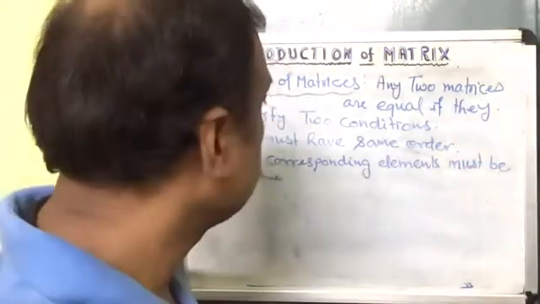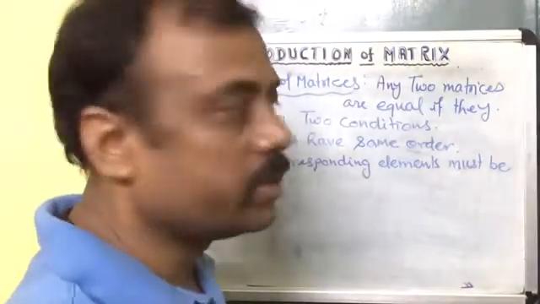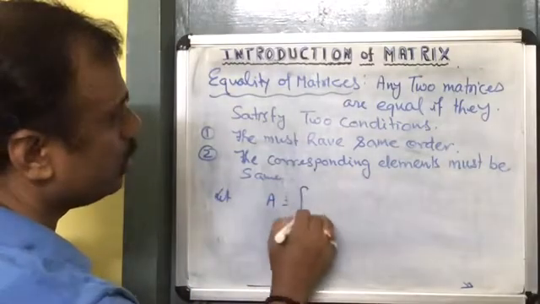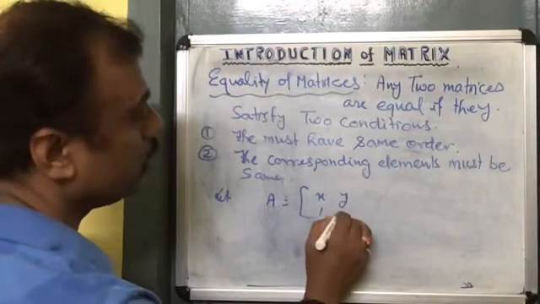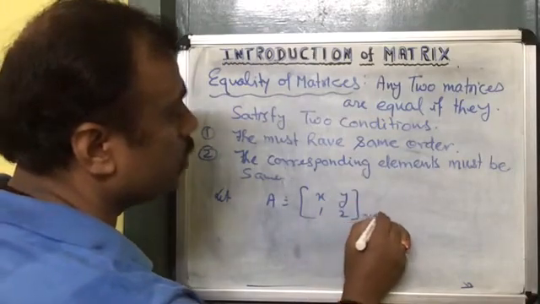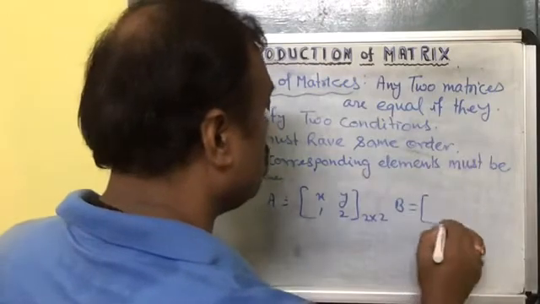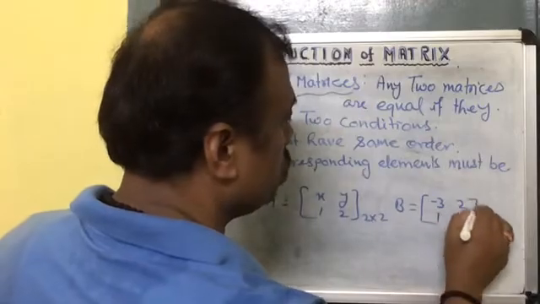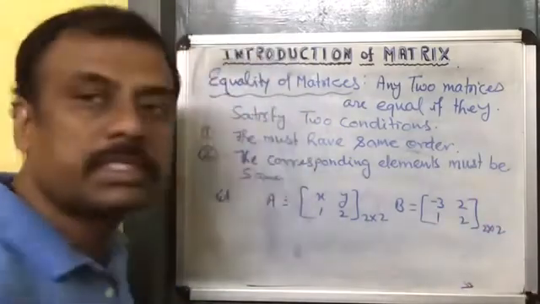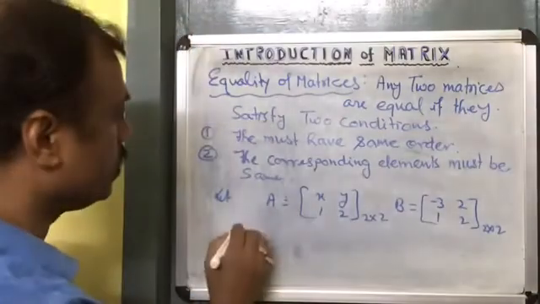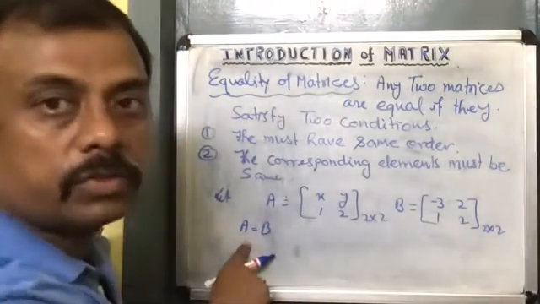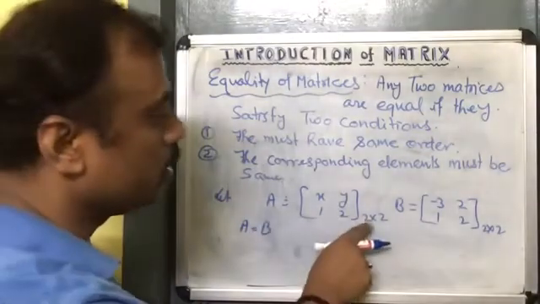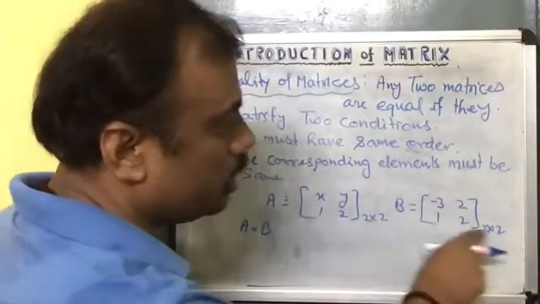Okay, let us try to understand this with the help of an example. Let two matrices A = [x y; 1 2], which is of order 2, and another matrix B = [-3 2; 1 2], which is of the same order. If they are equal, when two matrices are equal, we write A equals B. So their order must be the same.